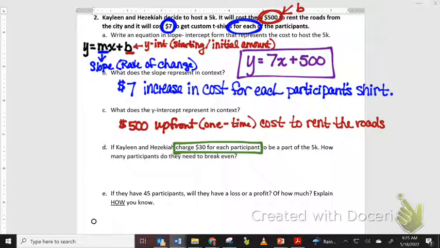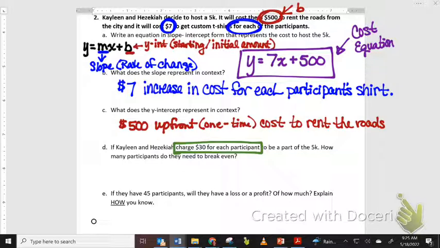So up here, this equation is how much it's going to cost, right? Down here, they're saying that they're going to be charging money. If they're charging money for something, does that cost them money, or are they going to get it? It's going to be income.